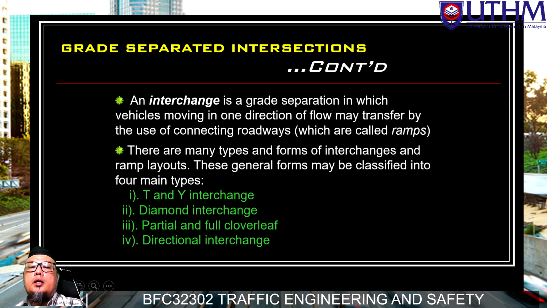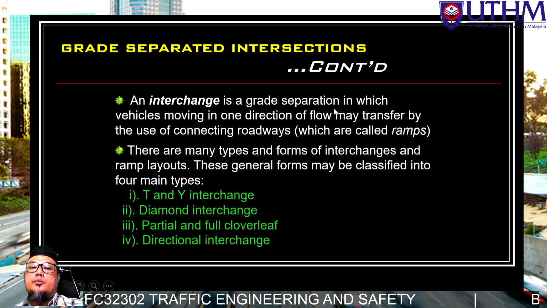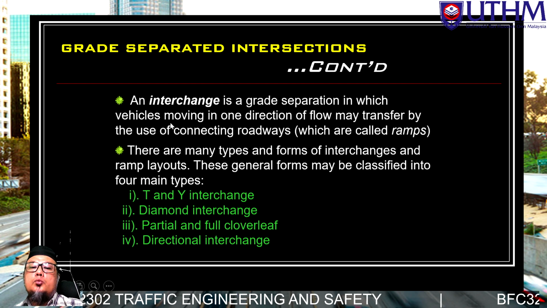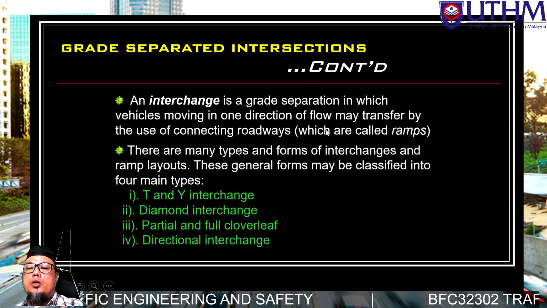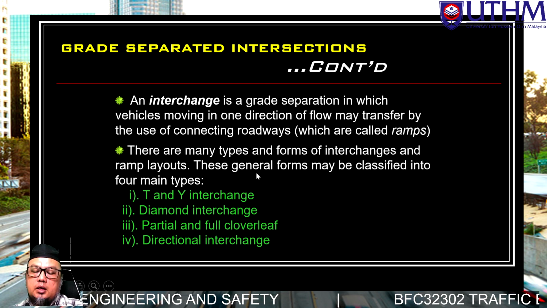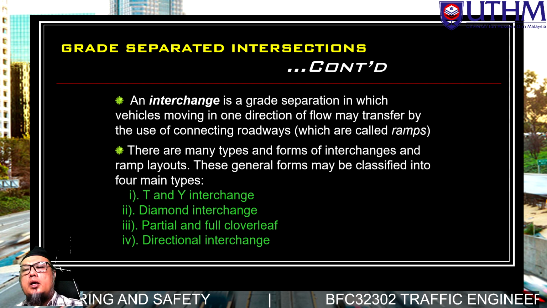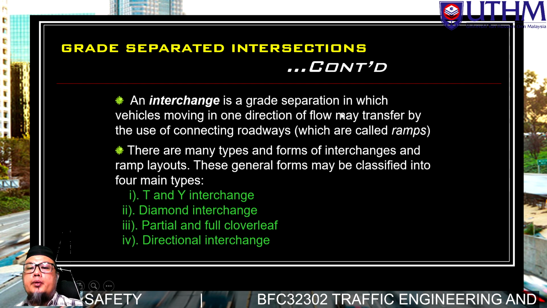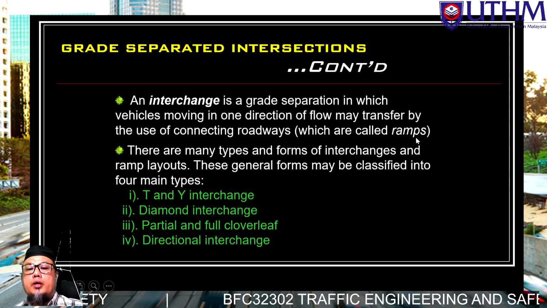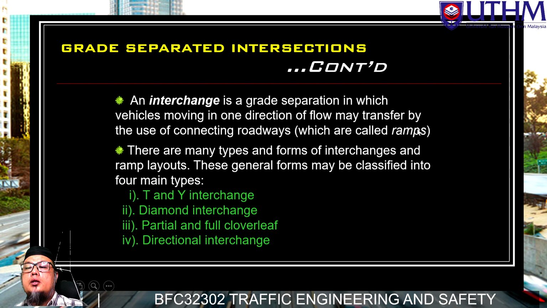Okay, the term interchanges is used to replace grade separation, in which vehicles moving in one direction may transfer to a connecting roadway called a ramp. So at-grade intersections have flare or channelized lanes, but for grade separation or interchanges they call it a ramp. Further on I will show you what the ramp looks like.